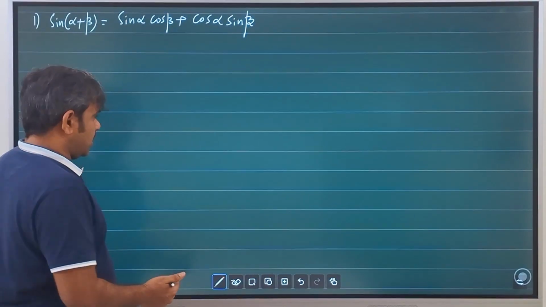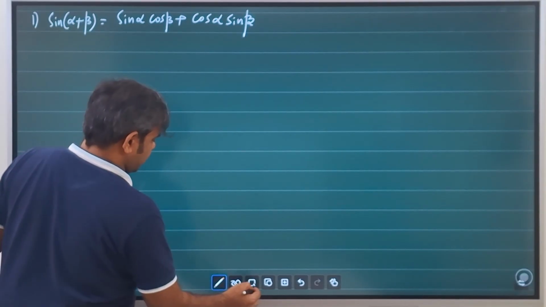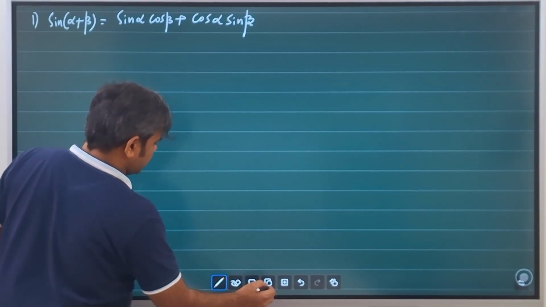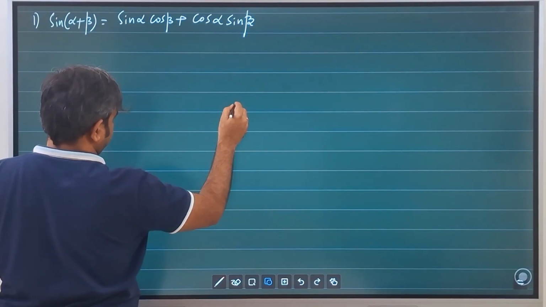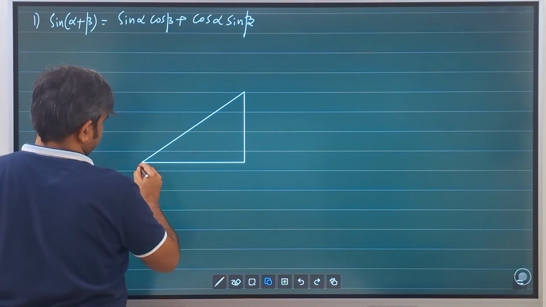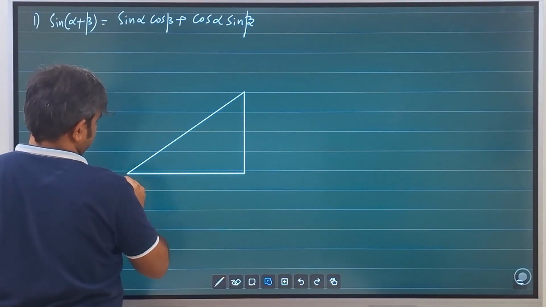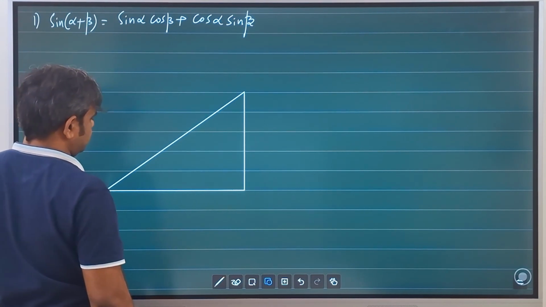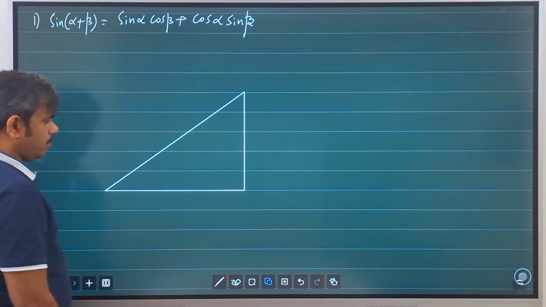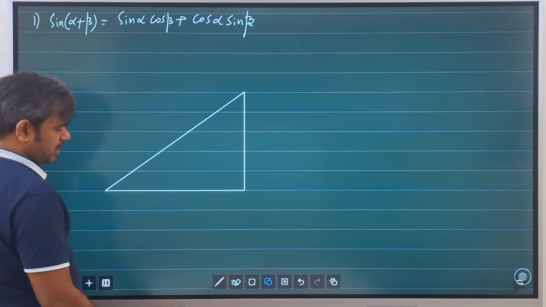Alright. Now, moving ahead, what I am going to do is draw two right-angled triangles. This is one right-angled triangle.